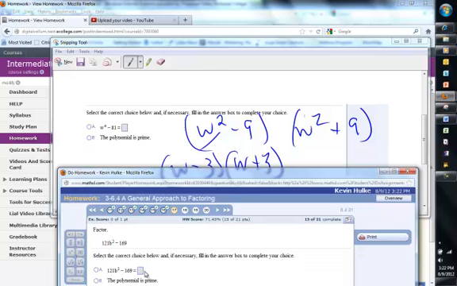Another perfect square, parentheses 11b minus 13. If you recognize your squares, you'll be a lot better off. 11 squared is 121, 13 squared is 169. And then parentheses 11b plus 13, and there we go.